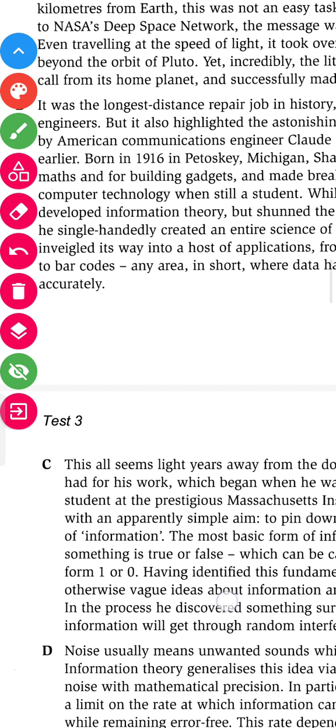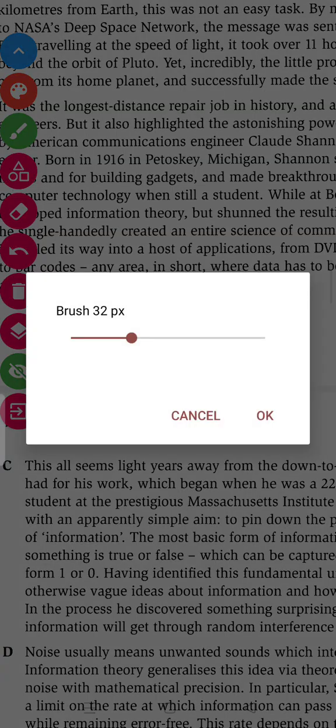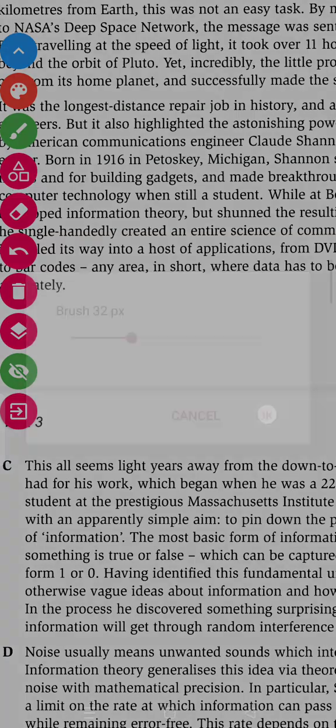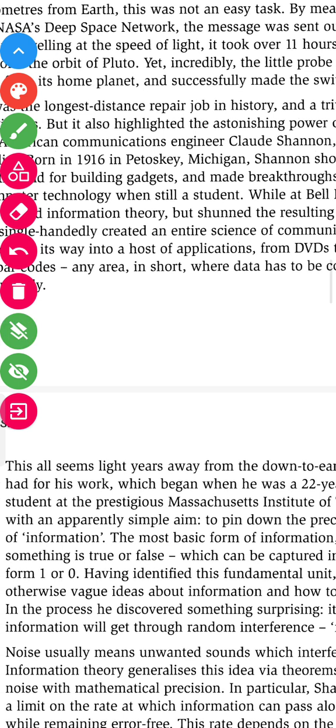See here, the word information is mentioned here, right?